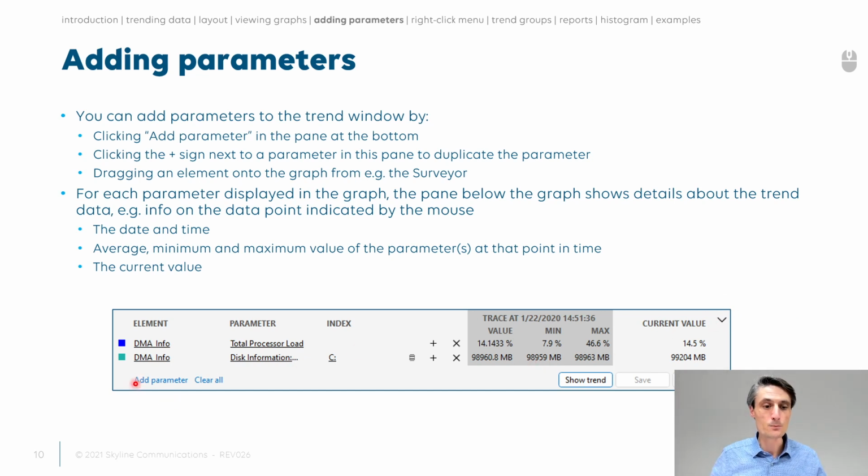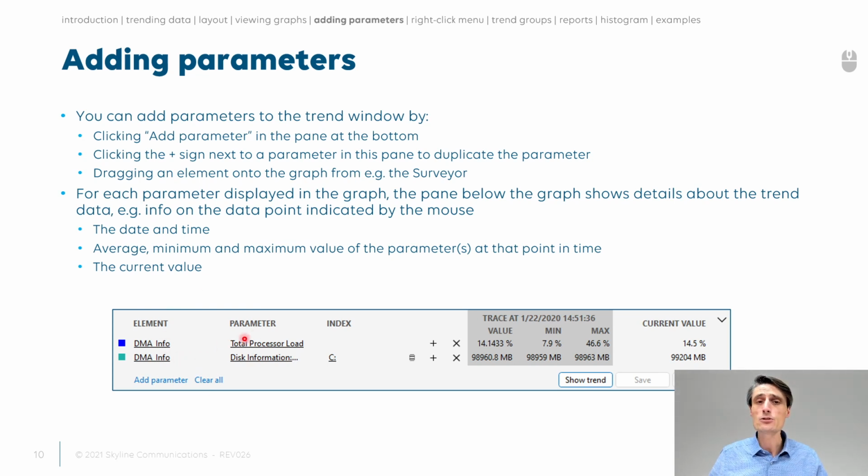you can add a new parameter by using this Add Parameter button, or you can click on the plus sign to duplicate an existing parameter, and you can just click on the element or the parameter to change any of those fields. And there is actually a third option where you can just drag an element from your surveyor and drop it onto this trend graph, and it will automatically add that specific element.